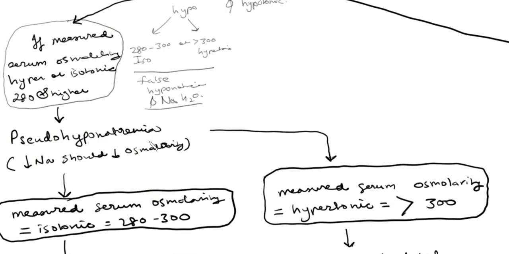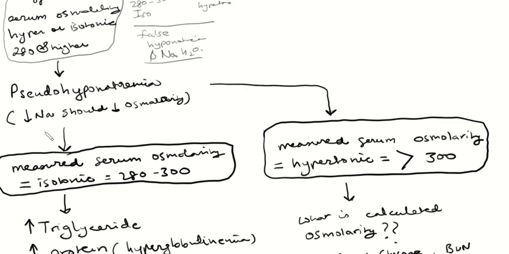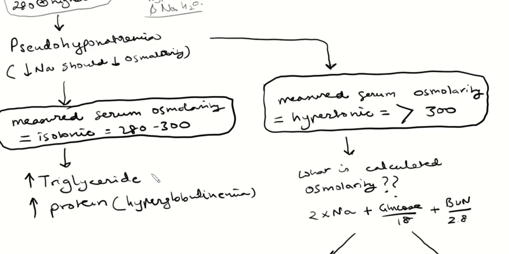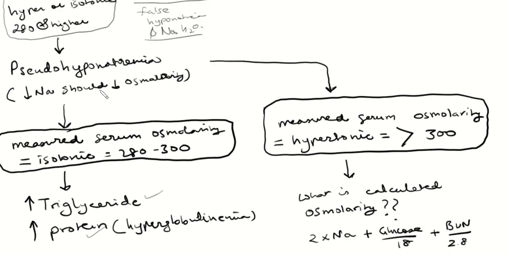It's pseudo-hyponatremia. Low sodium should give us low osmolarity, but it's not. Okay, low sodium, if our measured osmolarity of our blood is isotonic, between 280 and 300, I check for triglyceride levels and I check for increased proteins in blood. Okay, but those two are the issue. It's not an issue of sodium and water.